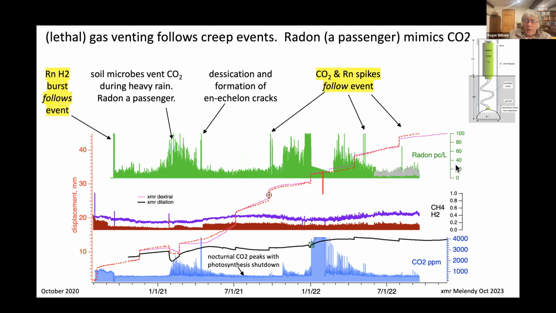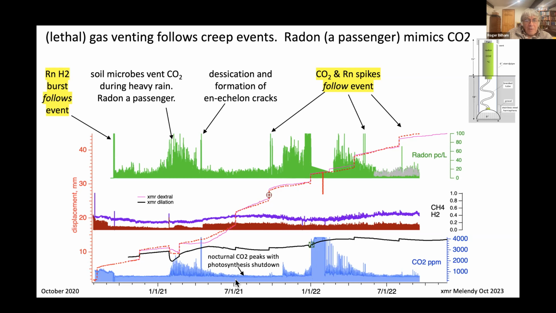This is about 25 times higher than the safe level that you're supposed to have in your basement. So this is not a place to hang out at all. Also, the carbon dioxide levels, you'll notice 4,000 parts per million, whereas it's about 400 in the atmosphere.